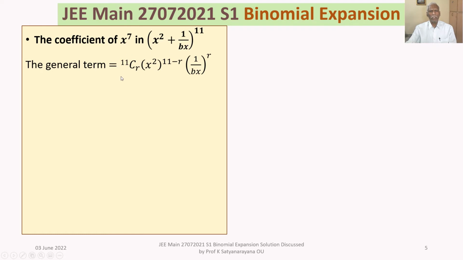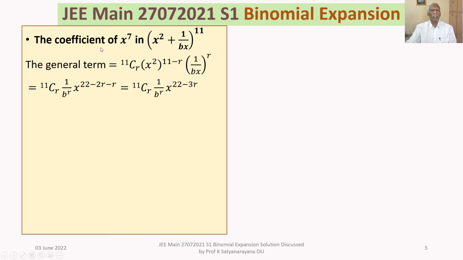So, the general term for this is 11Cr into (x squared) to the power of 11 minus r into (1 by bx) to the power of r, and that is equal to 11Cr into 1 by b power r into x power 2 into 11 minus r, that is 22 minus 2r, and 1 by x power r is the same as x power minus r, and that is written as x power 22 minus 2r minus r, and that is equal to 11Cr into 1 by b power r into x power 22 minus 3r.